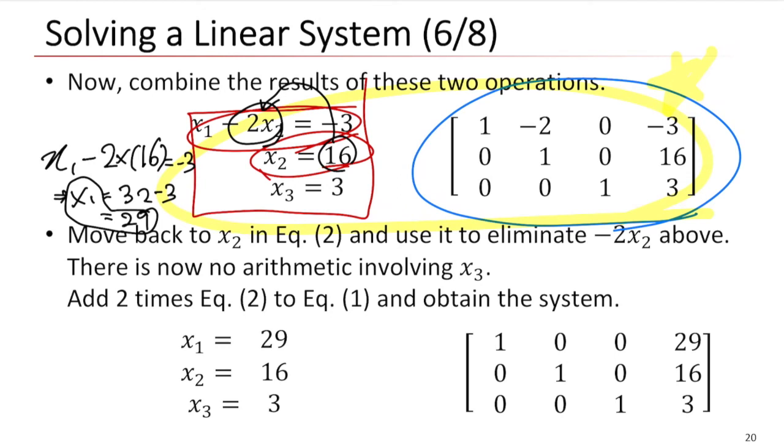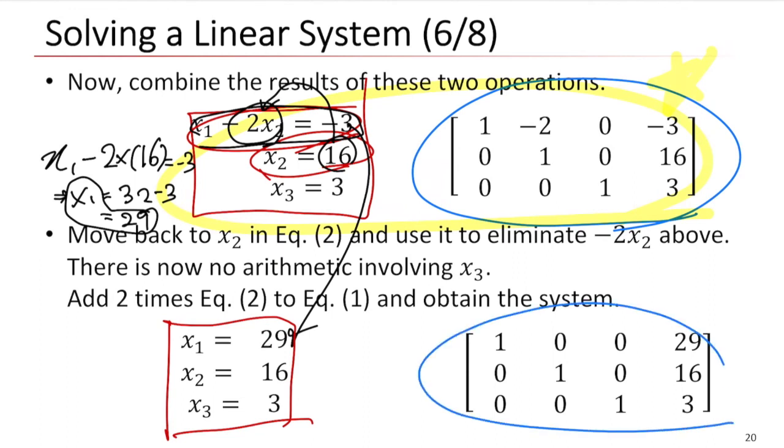So from here, finally, we can make this first equation look like this. So finally, we make the three equations look like this, and this is converted to the augmented matrix like this.